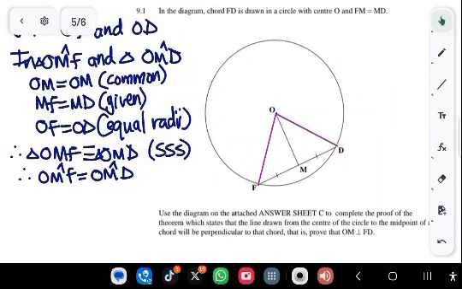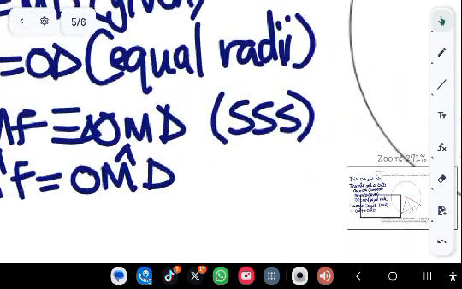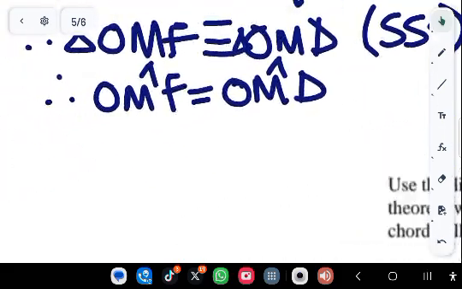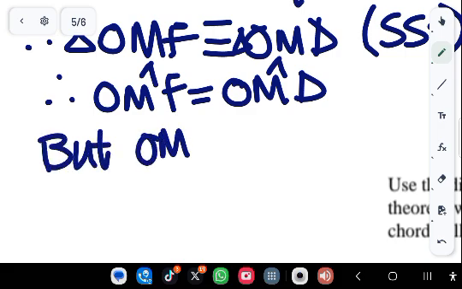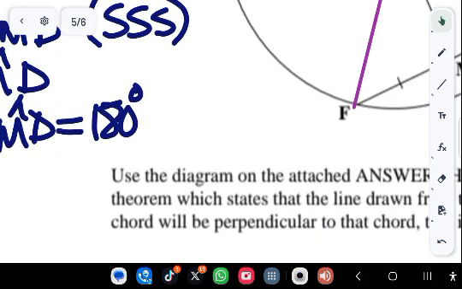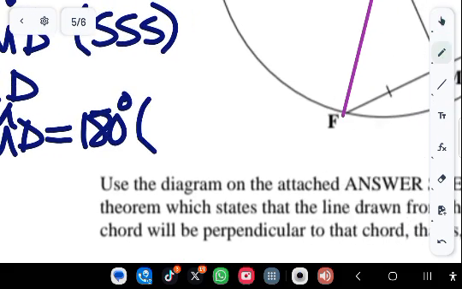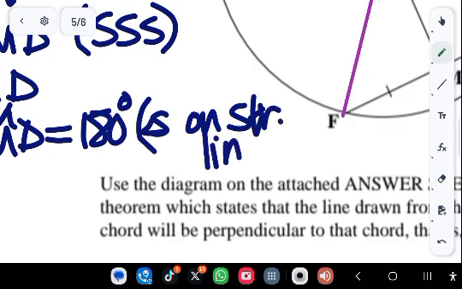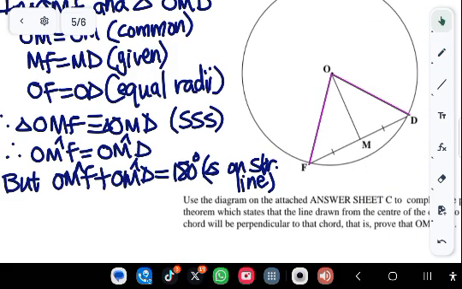But angle OMF plus angle OMD equals 180 degrees. The sum of these two angles equals 180 degrees, and the reason is angles on a straight line add up to 180 degrees.